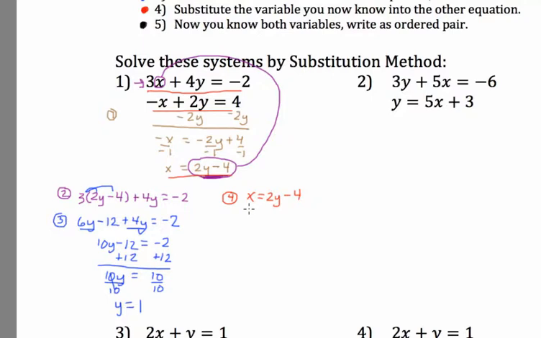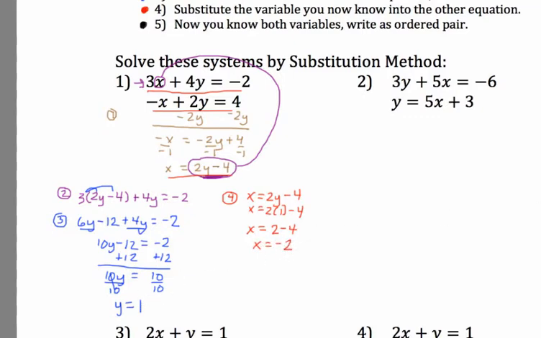And you know that y is 1, so sub that in. Two minus 4 is -2, so the x coordinate is -2.